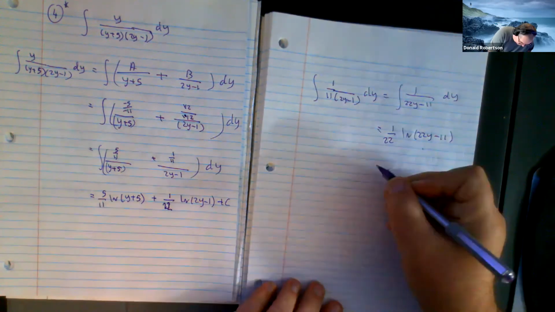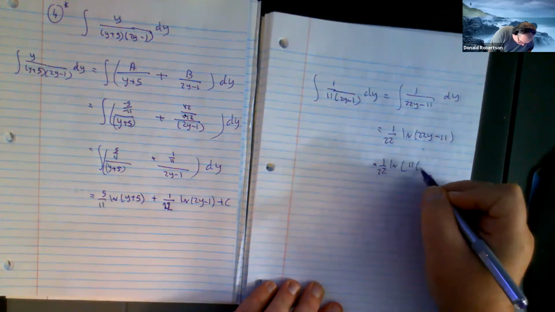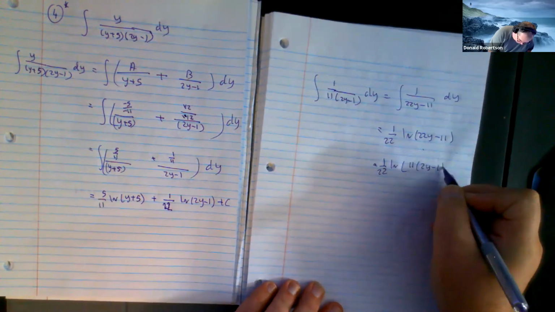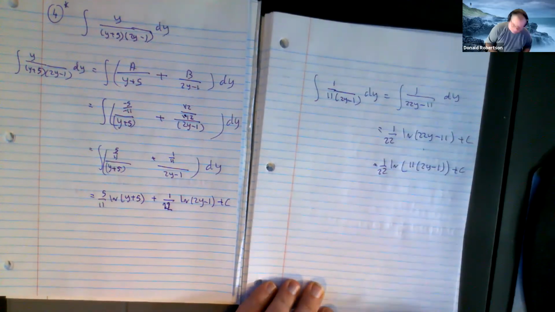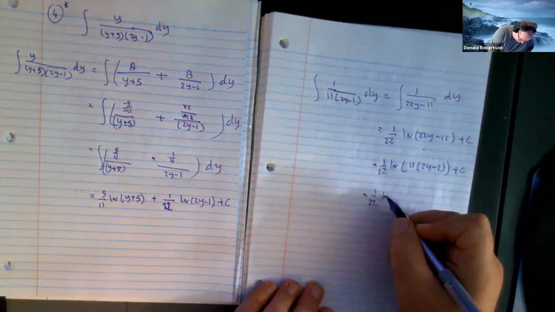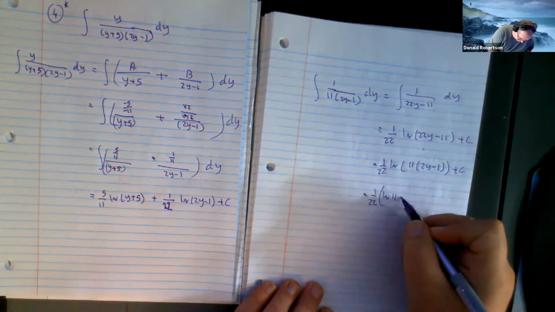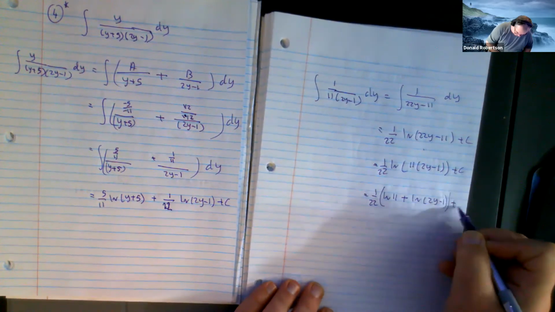Well, isn't this 11 times 2y take away 1? But not plus c's there, right? So far, so good. Isn't this 1/22, the natural log of 11, plus the natural log of 2y minus 1, plus c?